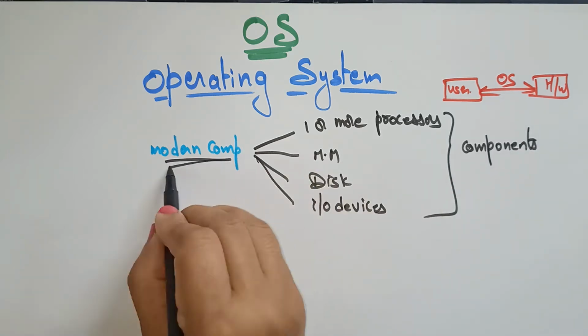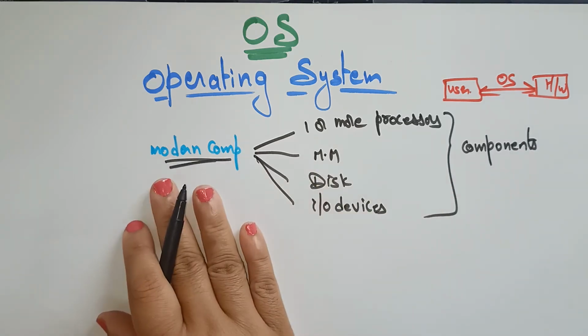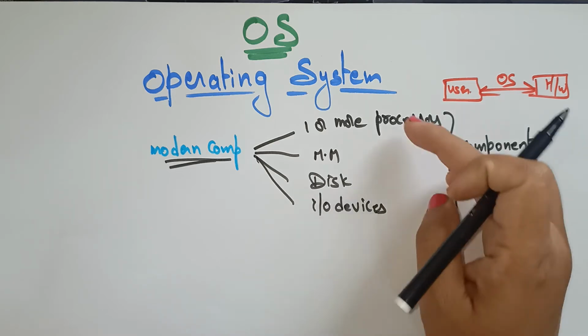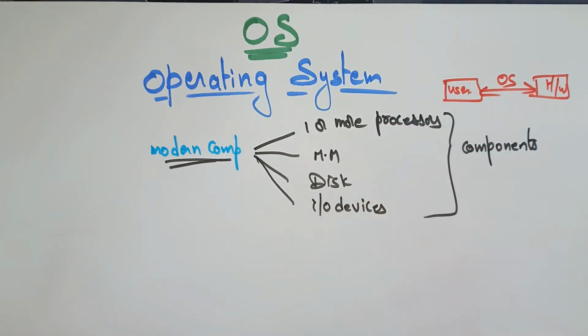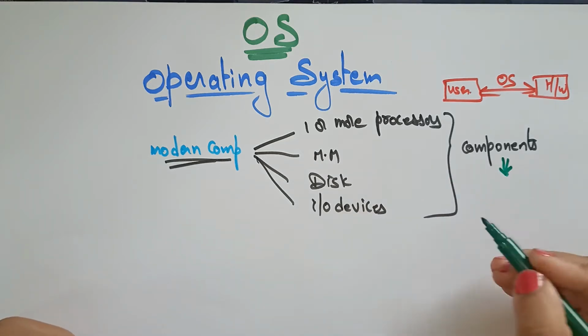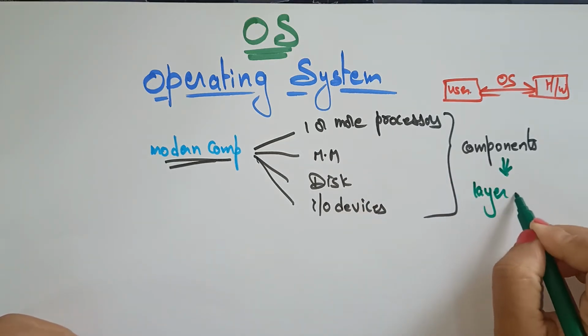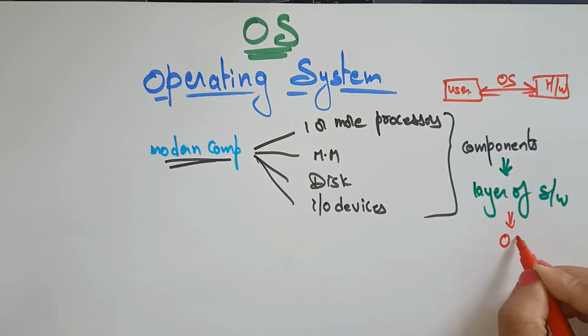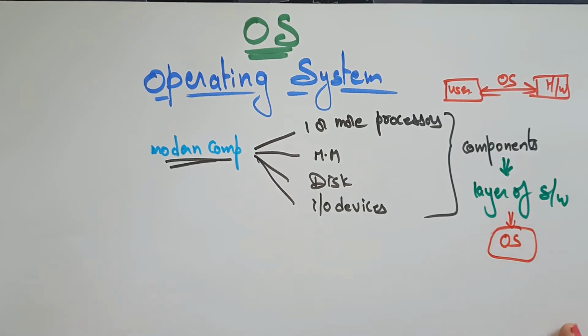So any modern computer consists of a set of components. To manage all these components, we require a layer of software. What is this layer of software? The layer of software present in the computer system is called an operating system.